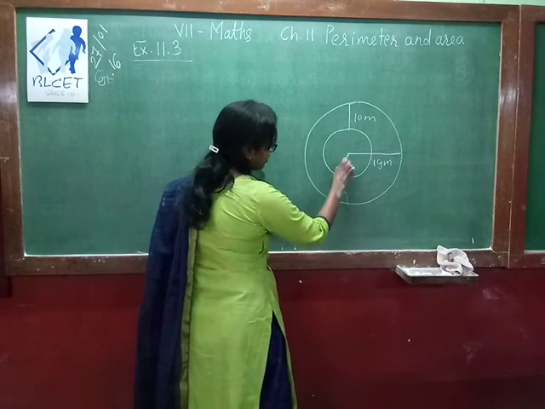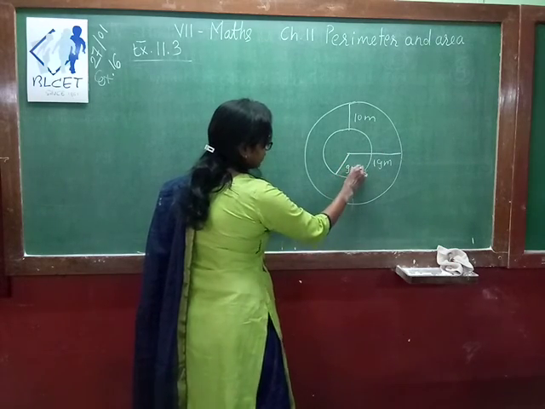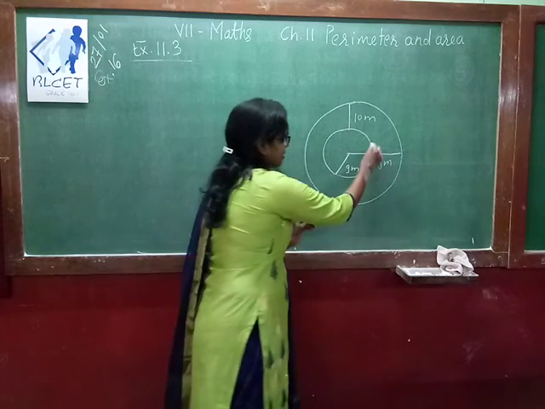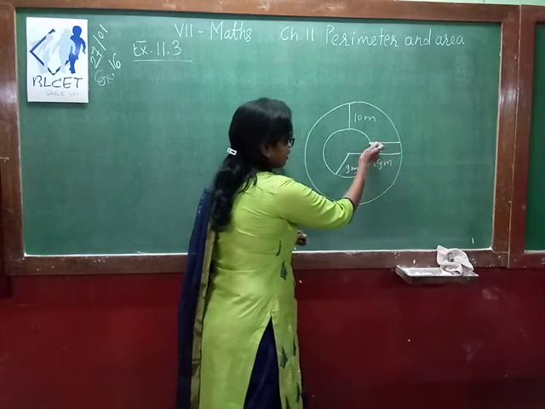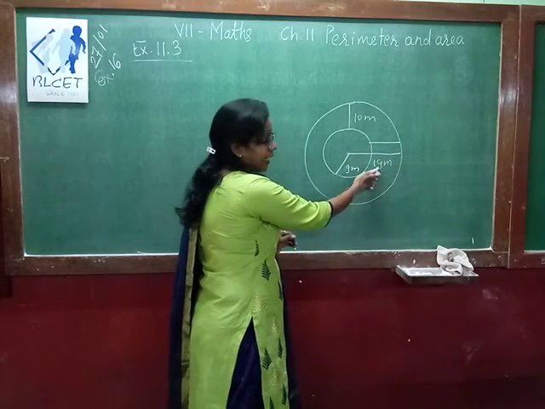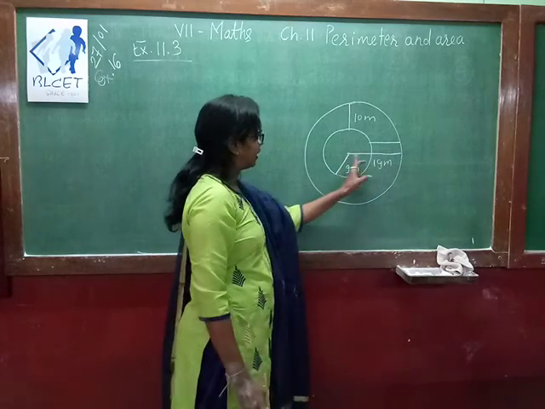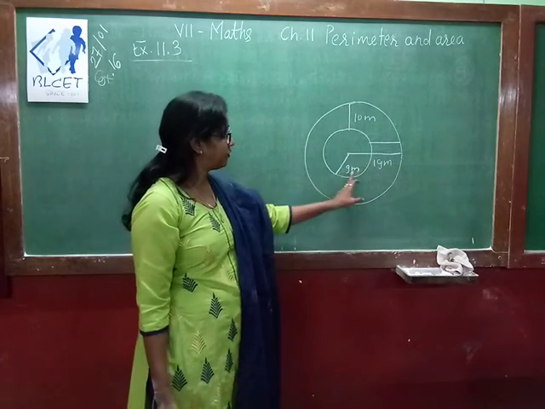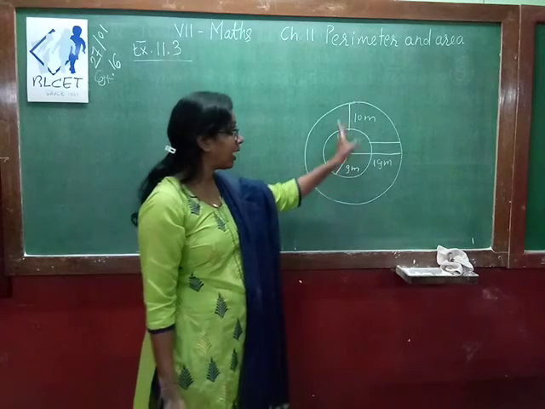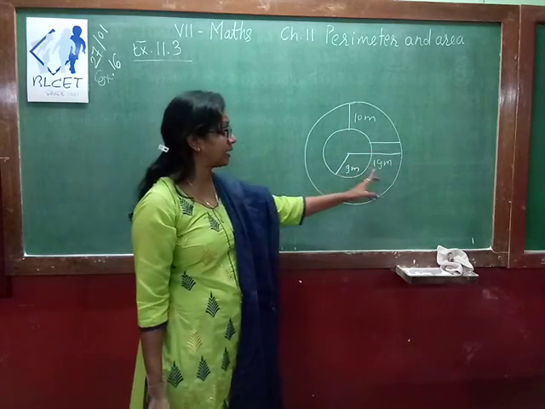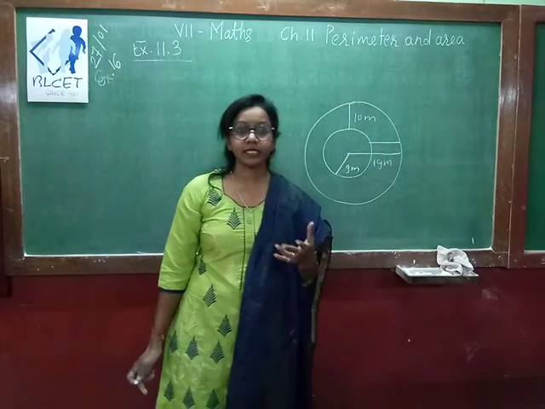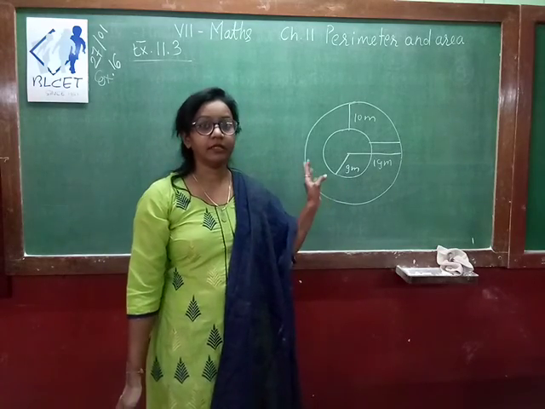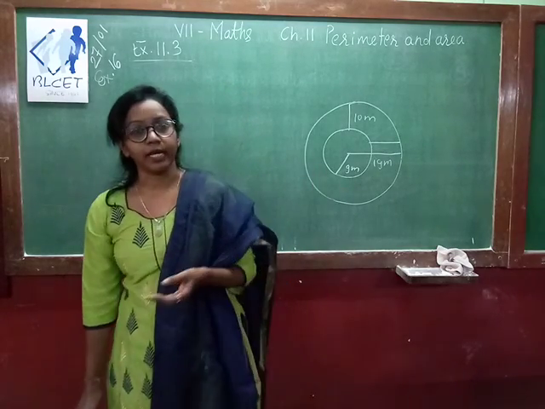So what is your answer? 9 meter. Okay, total is 19 and this much distance is given, 10 meter. So this much we have to subtract from 19. So we get that distance is 9 meter. So now the radius of the smaller circle is 9 meter and the radius of the bigger circle is 19 meter. So now it is easy to find the circumference for the smaller and the larger circle. So that you can try to do by yourself.